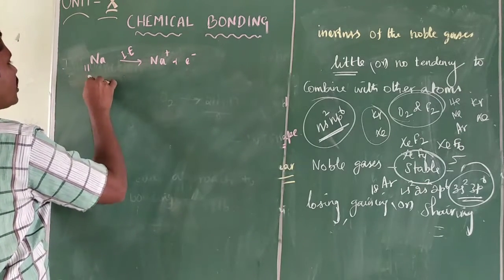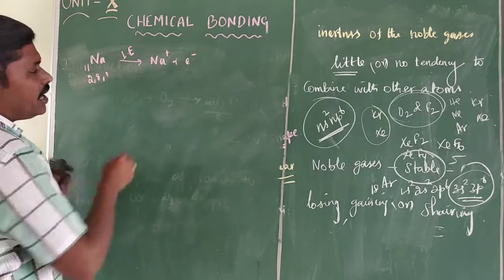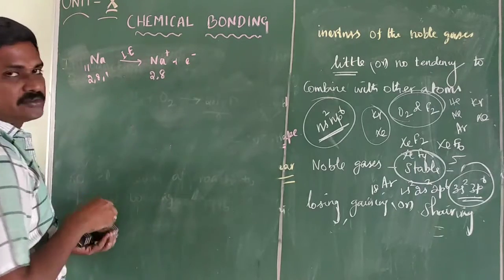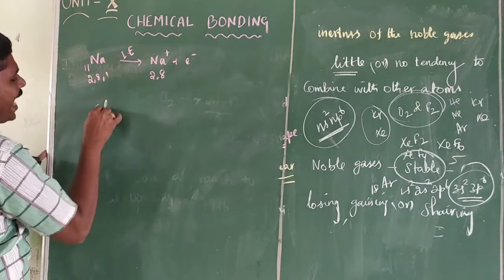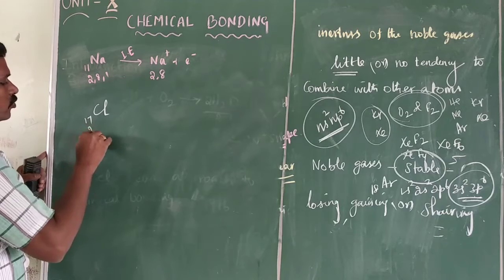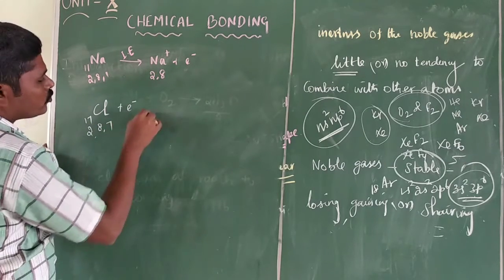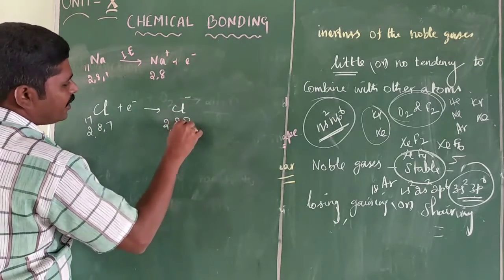The electronic configuration of the sodium atom is 2, 8, 1, and that of the sodium ion is 2, 8. Chlorine, atomic number 17, is 2, 8, 7. It gains one electron to become the chloride ion, 2, 8, 8.